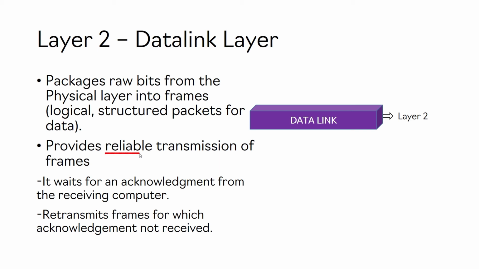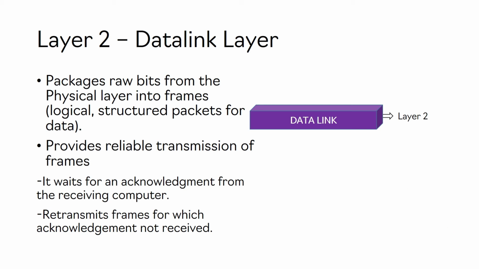So when you talk about reliable transmission, you're talking about the transmission and acknowledgement of receipt of such information by the recipient. If there's any problem in the transmission, if the information is not complete, it ensures that such missing information is retransmitted from the source until an acknowledgement is received. So that's just a brief about the data link layer.